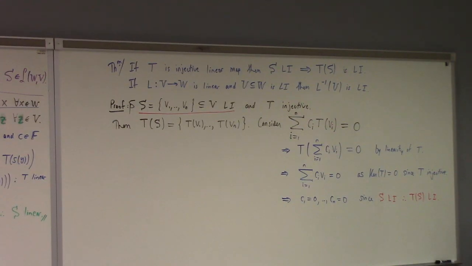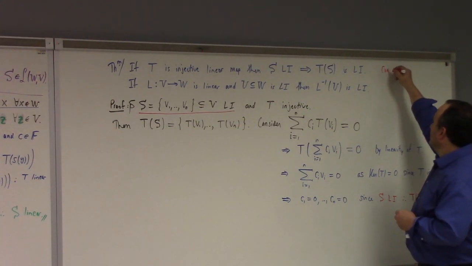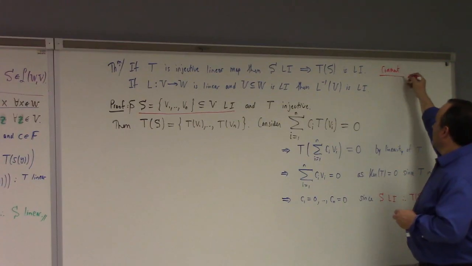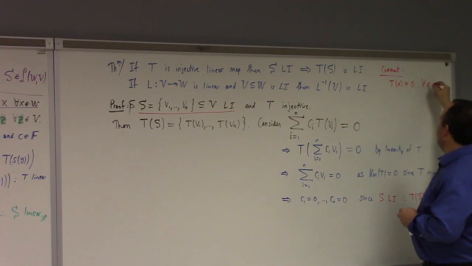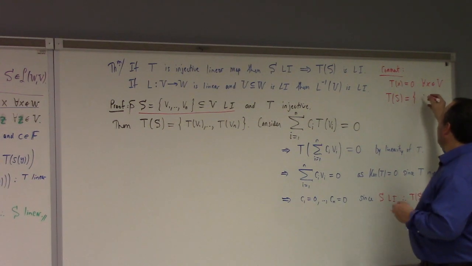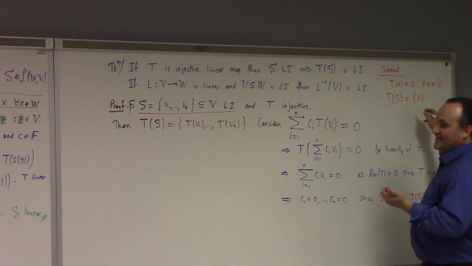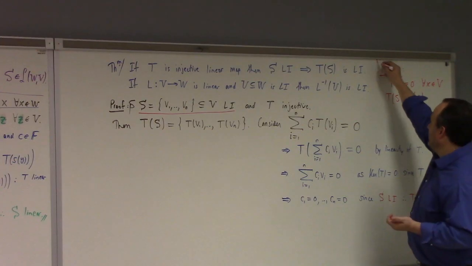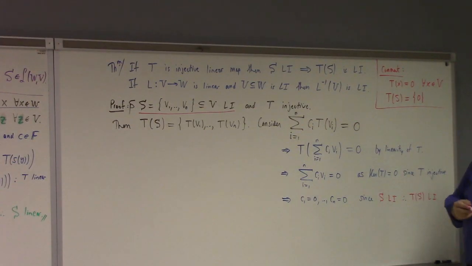So you see right where we needed to use the injectivity, right? Did you guys see why this theorem requires that? Like, how about the 0 map? Think about this. If we had T of x equal to 0 for all x, that's a linear map, right? And what's T of S then? It's just the set containing 0, and this is, by the way, very much not linearly independent, right?